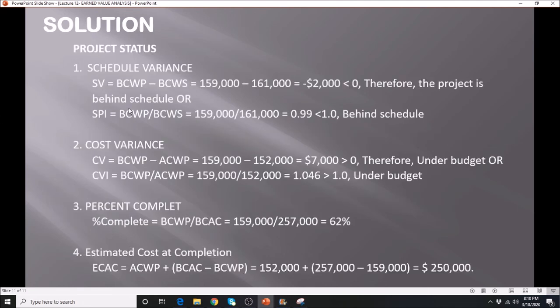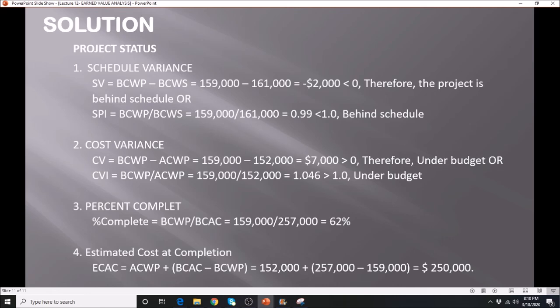So if we maintain the status of our project, we'll be able to save at least about 7,000 by the time that we complete the project. There's a difference of 7,000. If you are able to improve the productivity rate of your workers, you may even lower this value, and that signifies you may have more savings for the project.